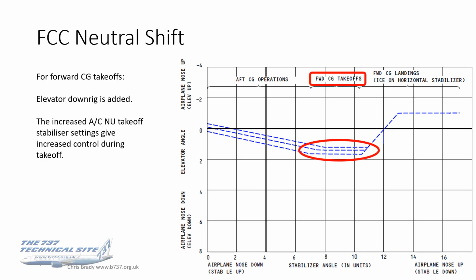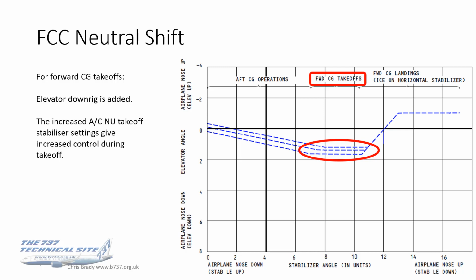Okay. Forward CG takeoffs. Now this is the common one. This is kind of what it was mainly designed for. Here, elevator downrig is added by, as you can see, about 1.5 degrees.